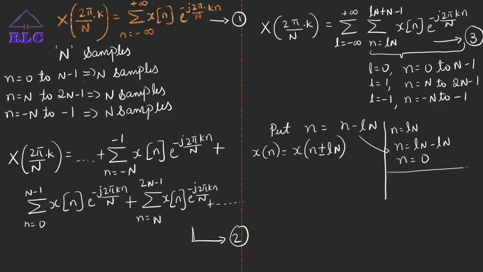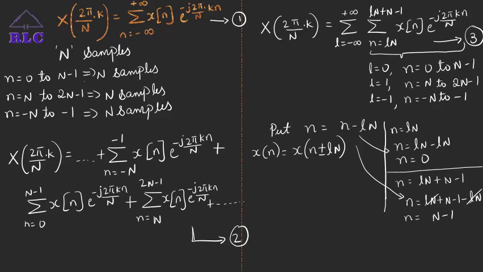If you substitute the upper range LN plus N minus 1, that is n is equal to LN plus N minus 1, you will get n is equal to LN plus N minus 1 minus LN. Minus LN and plus LN cancel. So the upper range is from n is equal to N minus 1.